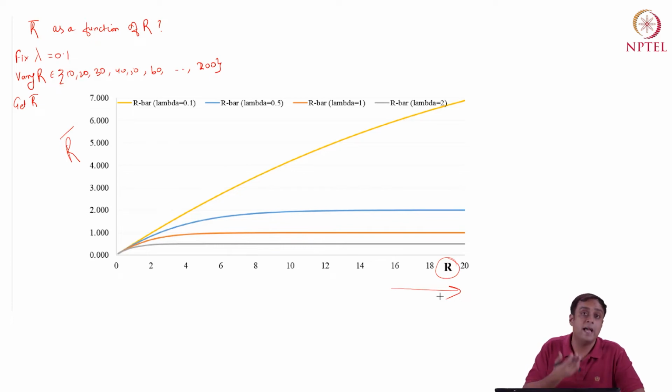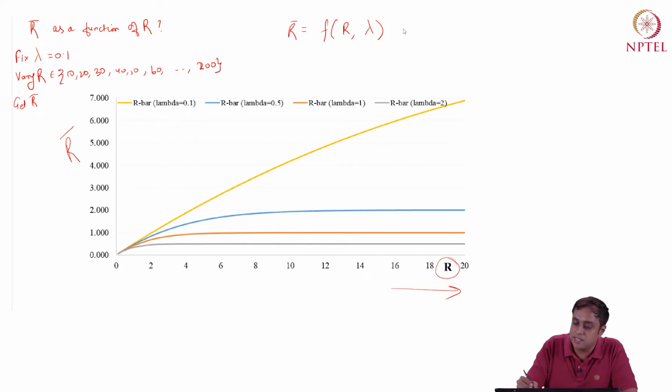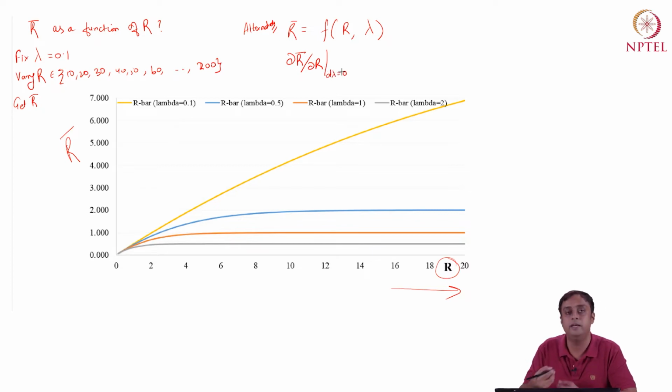The other way is that I have a mathematical relationship between R bar and capital R. I have R bar as a function of R and lambda, in an exponential form, as we saw in the previous slide. Alternatively, we can simply derive del R bar by del R, which by definition restricts d lambda equal to 0.